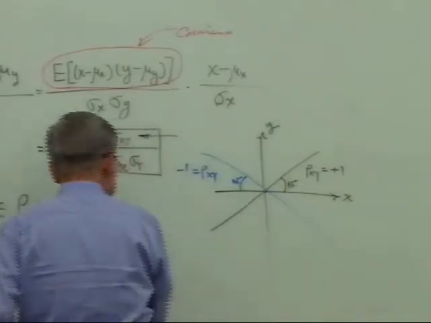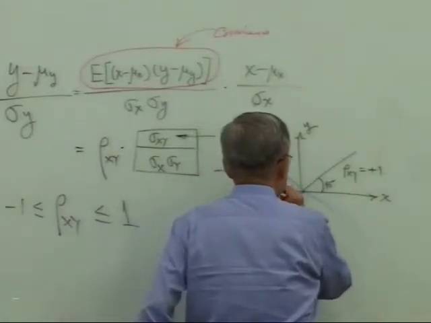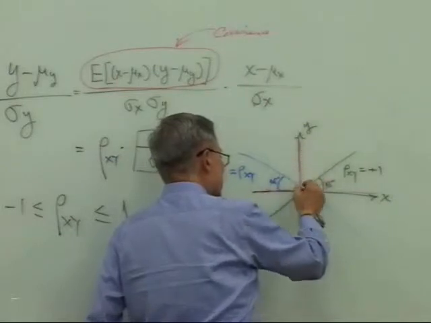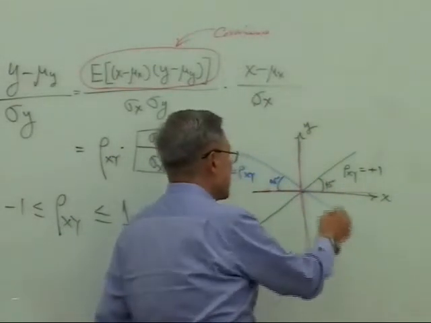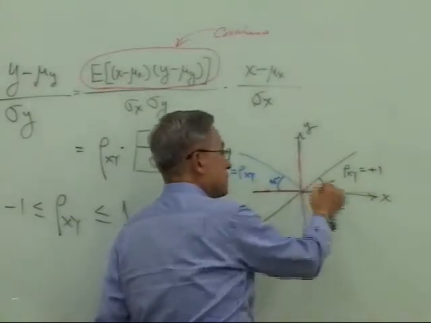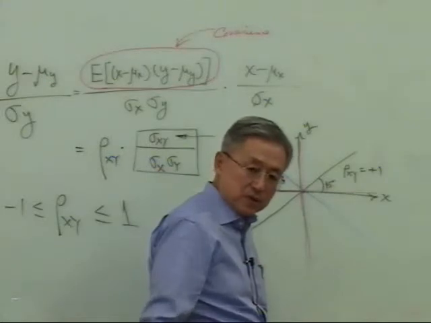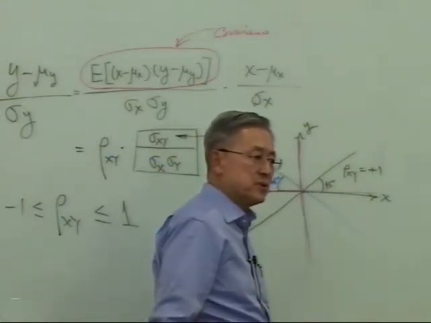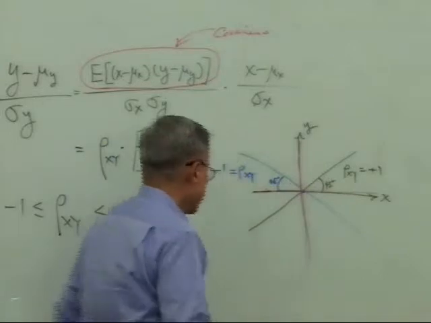Another situation may be like this, or like that. Then they're independent of each other, and rho xy is equal to 0. If rho xy is equal to 0, there is no relation between the random variables x and y. It's clear. So that's the range.